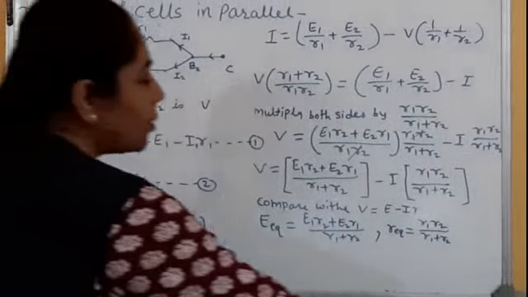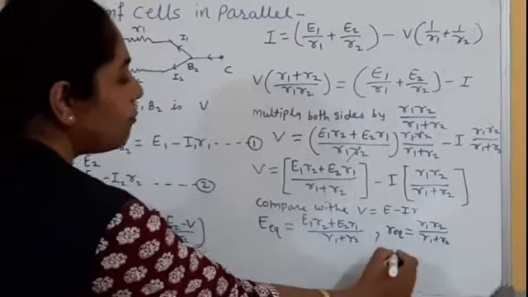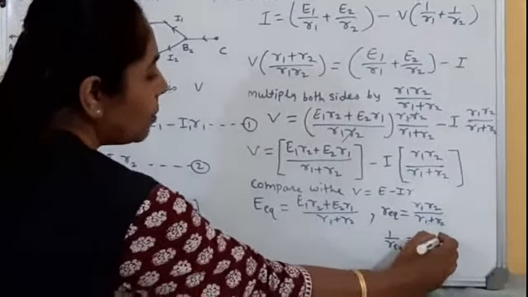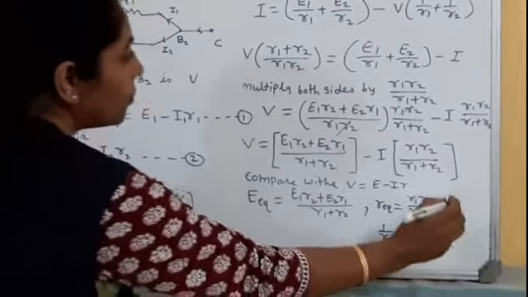So here you can write 1 by R equivalent is equal to 1 upon R1 plus 1 upon R2.